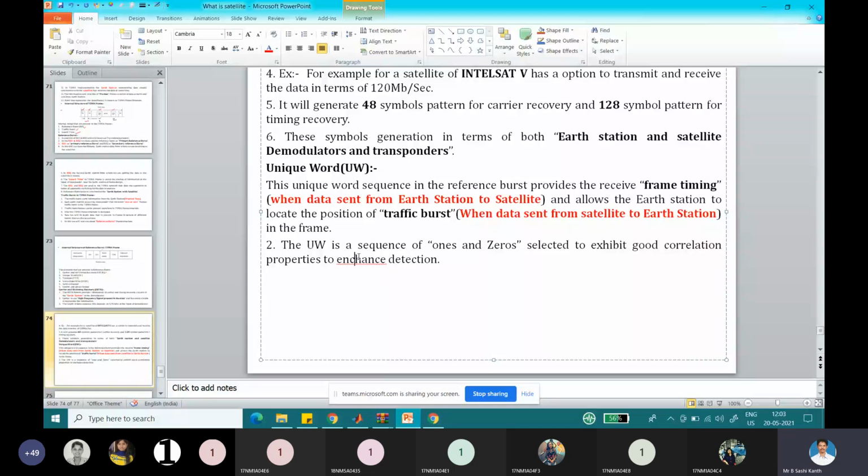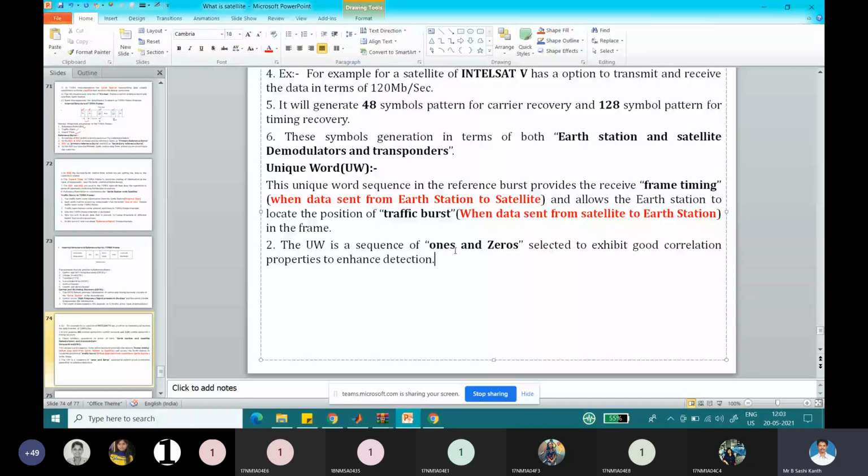So what is happening here is the unique word's ones and zeros are the representation of the data, and they are selected to enhance the detection process. That makes it possible to identify the frame by its ones and zeros, which apply for the frame timing when data is sent from the earth station to the satellite, and to locate where the traffic burst is present in the frame when data is sent from the satellite to the earth station.